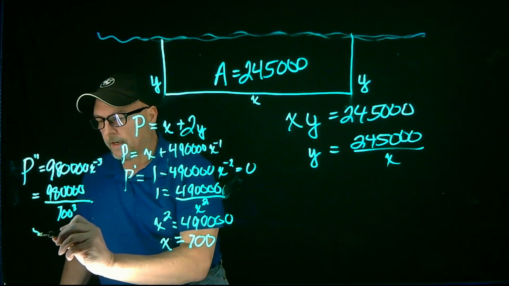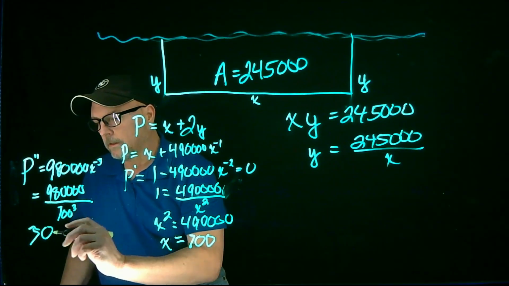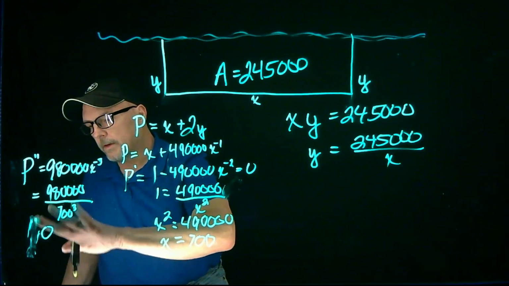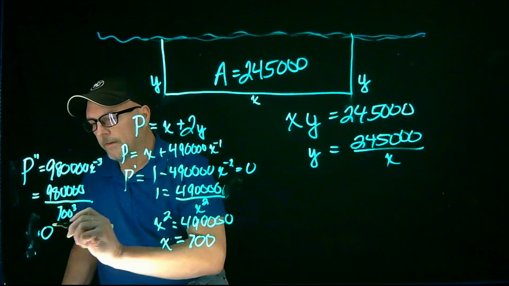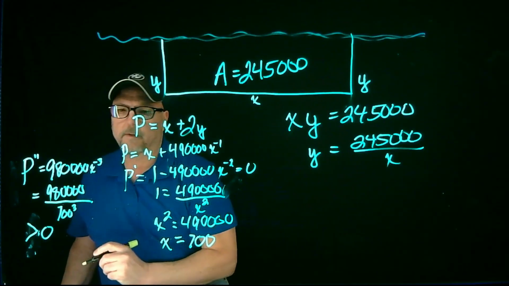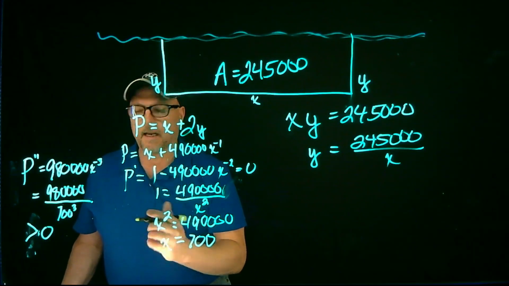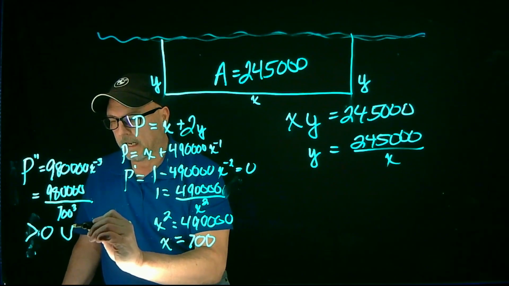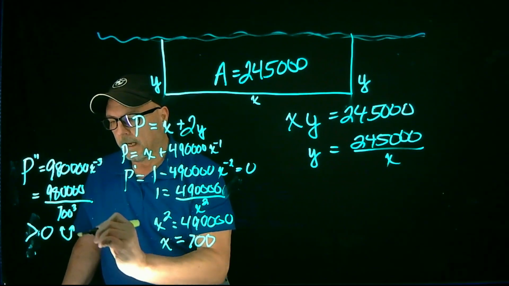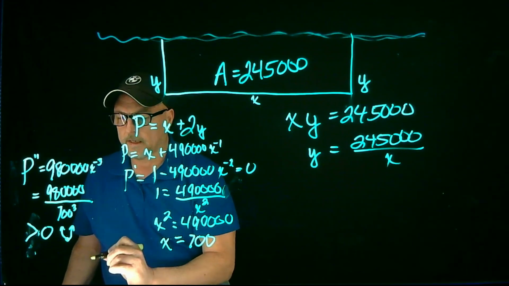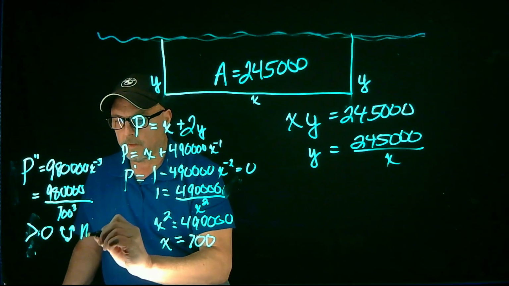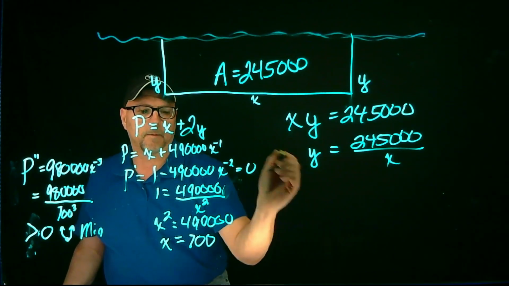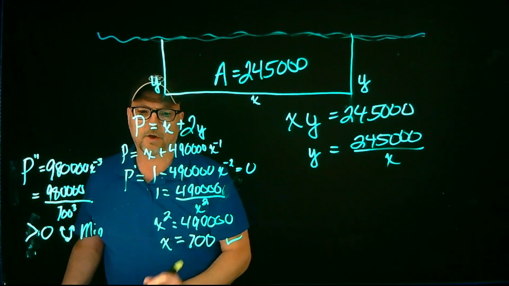So this is greater than 0. Oops, that's not a good greater than sign. Whenever the second derivative is positive, that indicates that it is concave up, remember? And if it's concave up, then it's got a relative minimum. So I know this is indeed a minimum. So my 700 checks there.